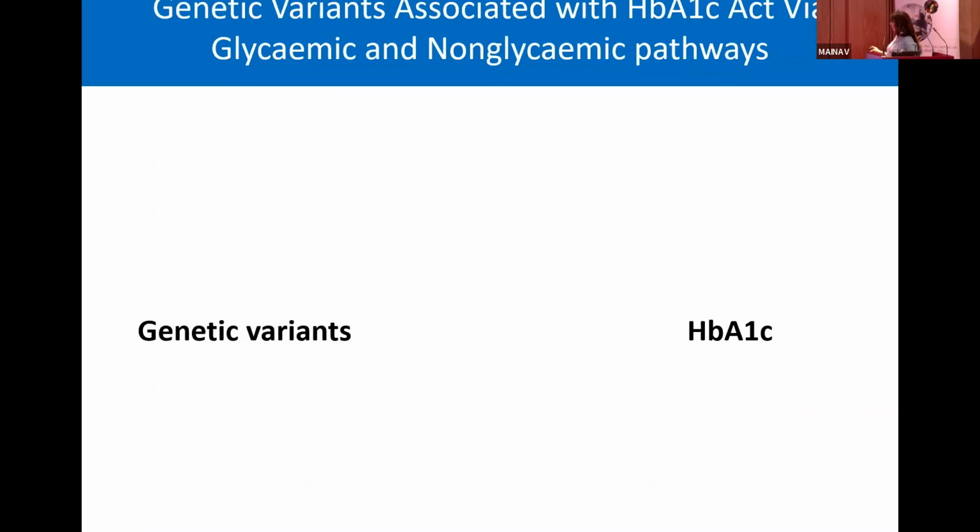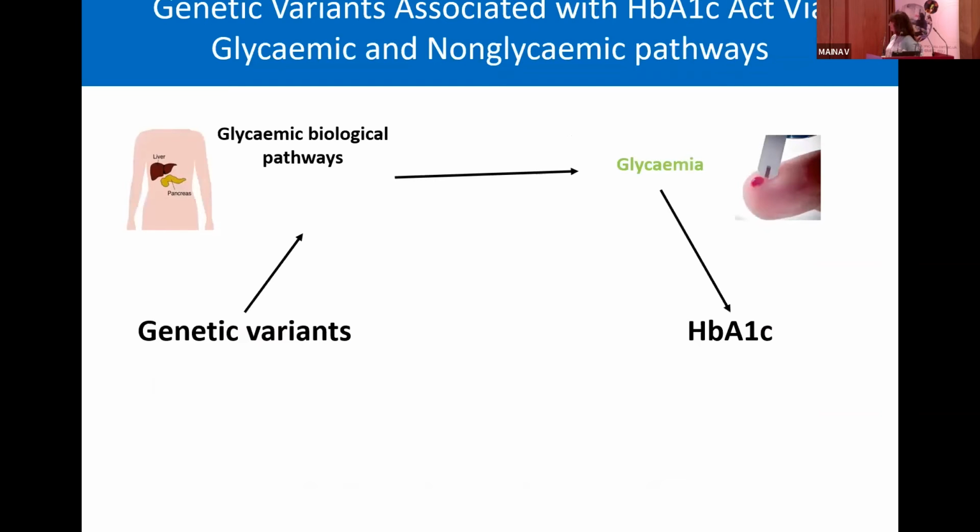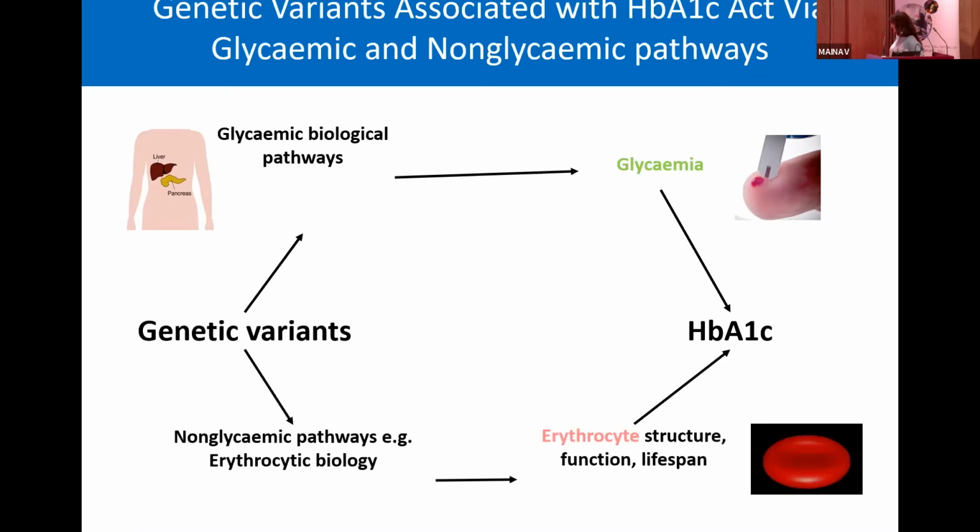So when we find genetic variants associated with HbA1c, because HbA1c is a biomarker for glycemia, we're hoping to identify variants that somehow affect biological pathways relevant to glycemia and that they ultimately affect glycemia, and that's what we're measuring. But of course, there's an alternative path, which is genetic variants can affect things that have nothing to do with glycemia, but have a lot to do with red blood cell biology, structure, lifespan.